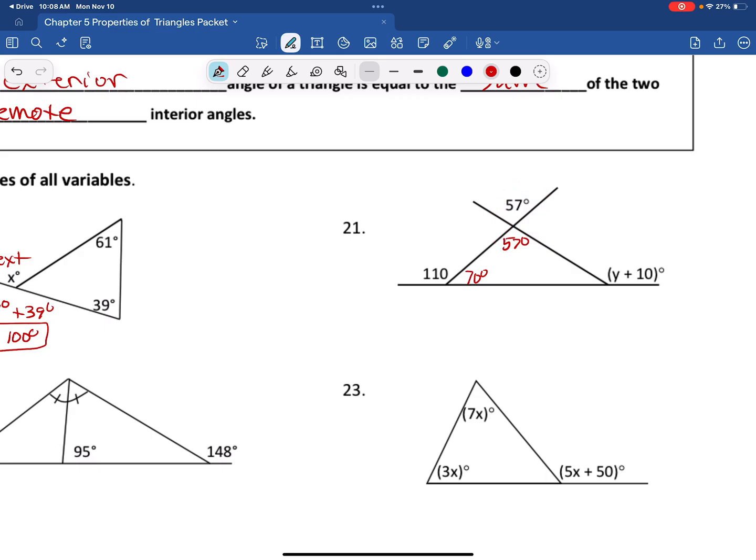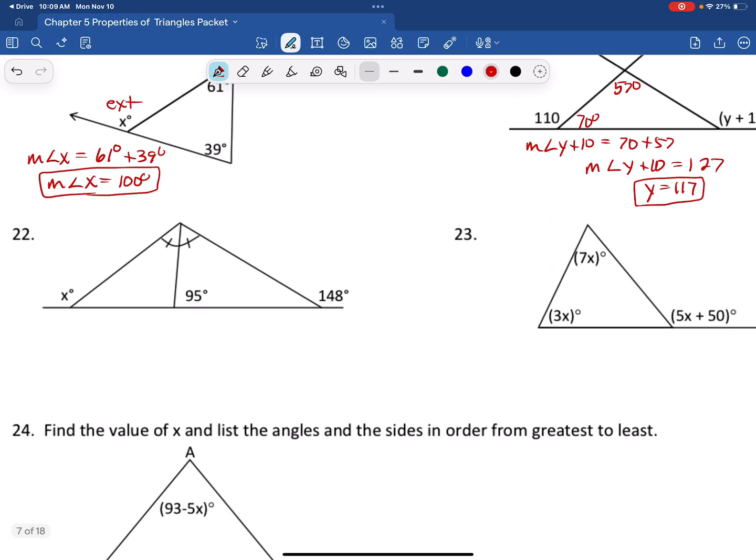All right, and so I now am going to say that the measure of angle y plus 10 is equal to 70 plus 57. So the measure of angle y plus 10 is equal to 127. So now y has got to be 117.